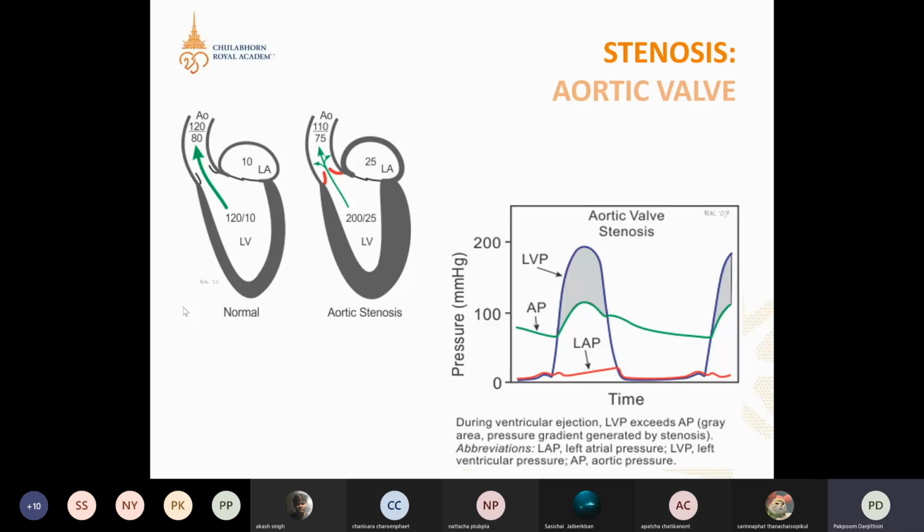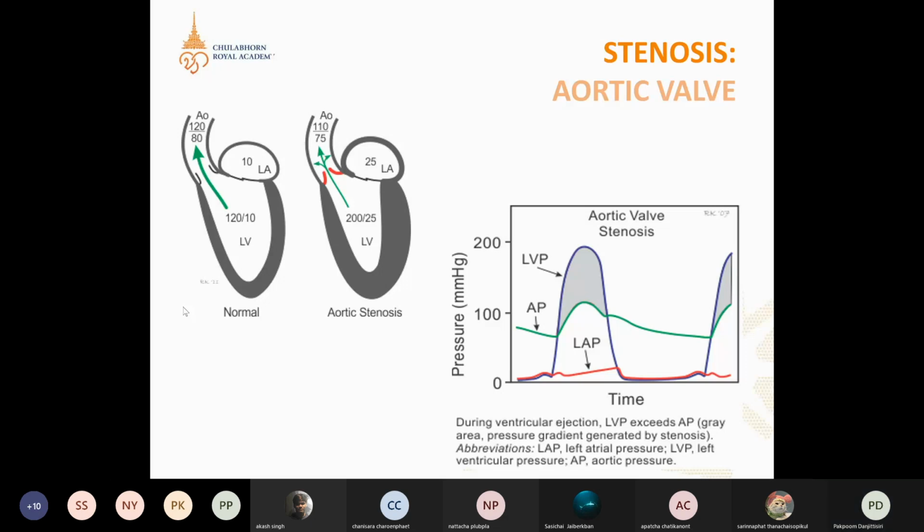There is some blood still backed up in the left ventricle in the phase of diastole, so the left atrium has to build up more pressure in order to overcome the left ventricular diastolic pressure to pump the blood inside the LA into the LV.